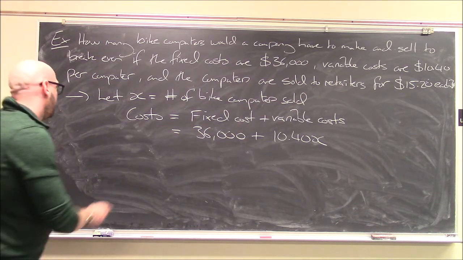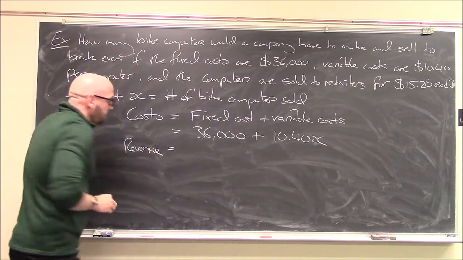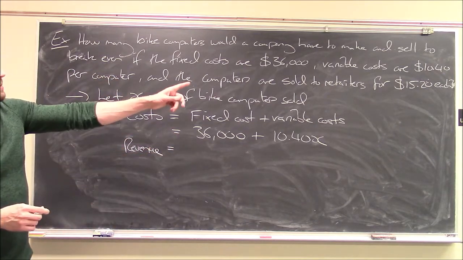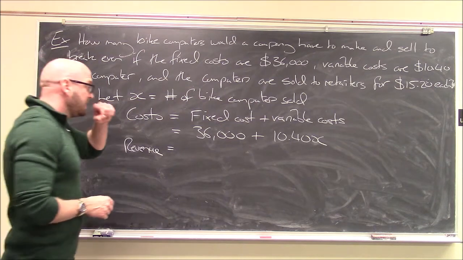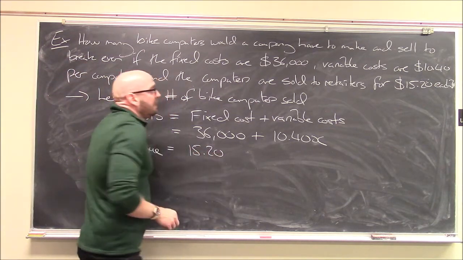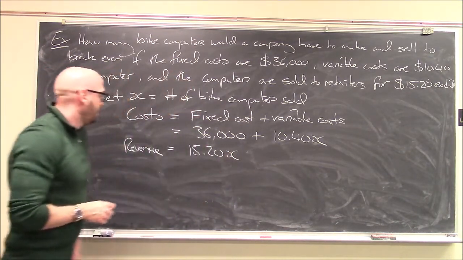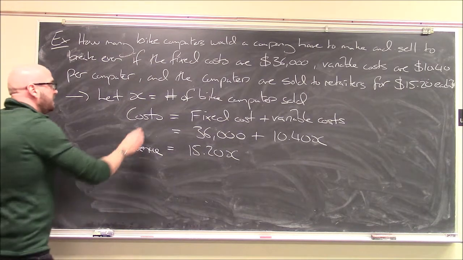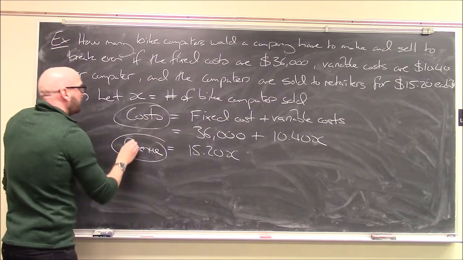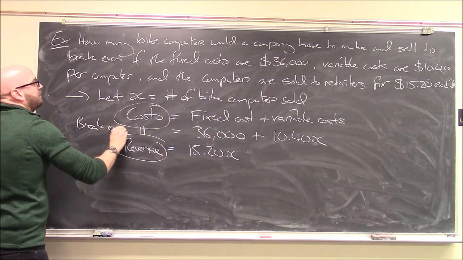So there's our costs. What about the revenue? Well, each bike computer sells for $15.20, so our total revenue is just going to be $15.20 times the number of bike computers we sell, times x. So we break even when the costs are equal to the revenue.